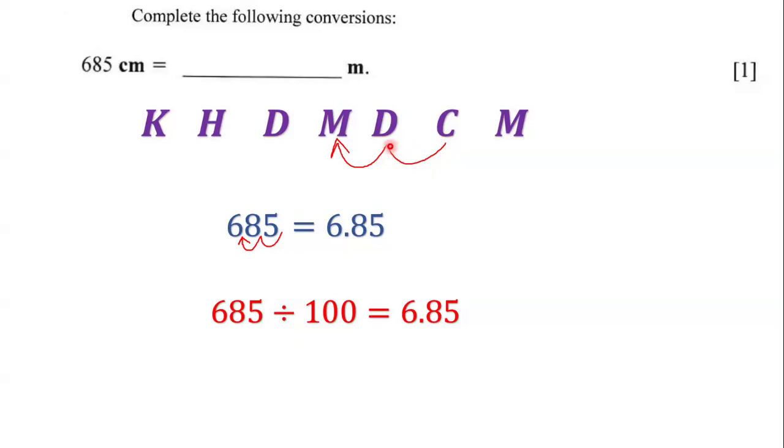For every time you move over, you use a 0 in front of the 1. So it's going to be 100. So 685 divided by 100 is literally the same thing as moving the decimal point to the left twice, and we get 6.85. That's your answer for this one, 6.85 meters.